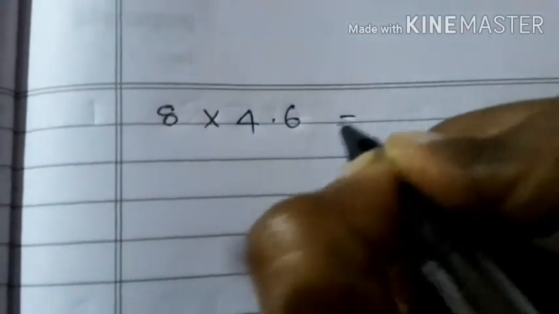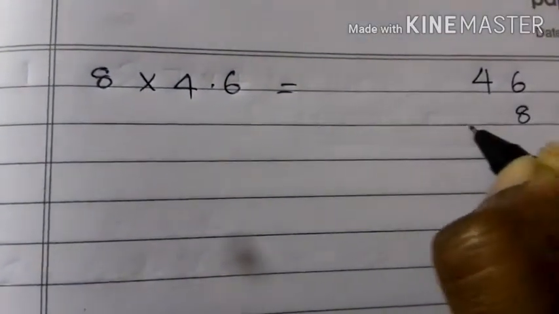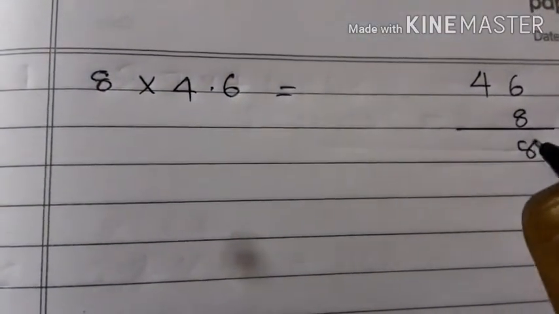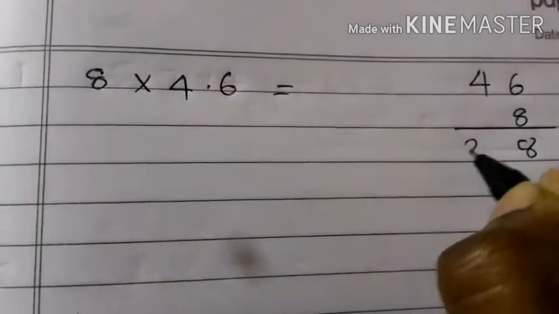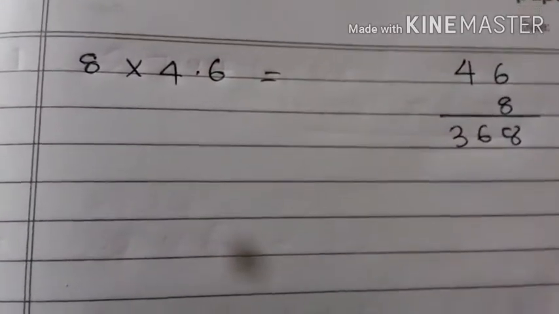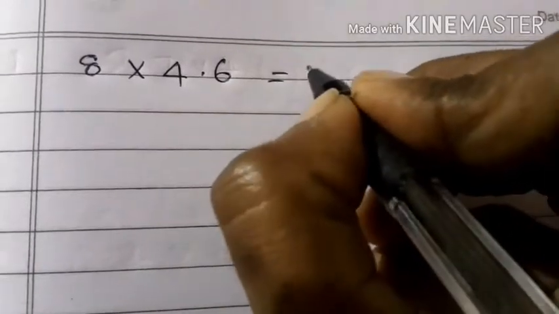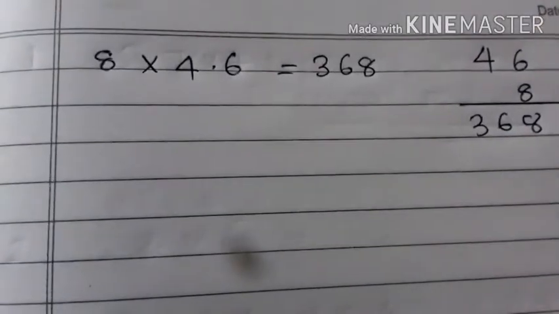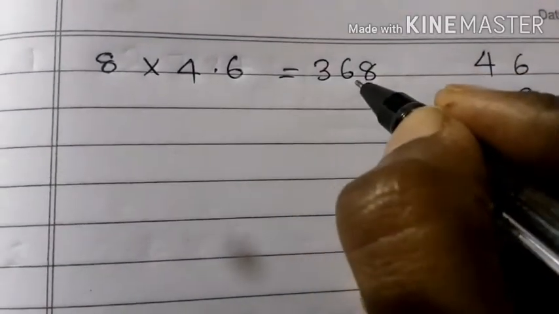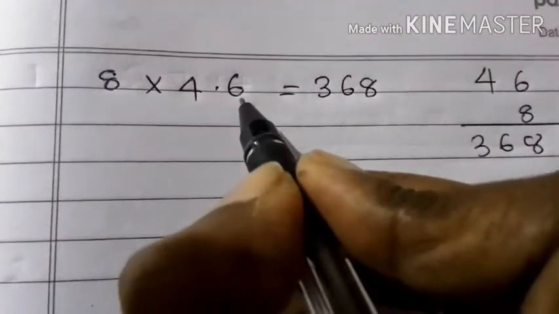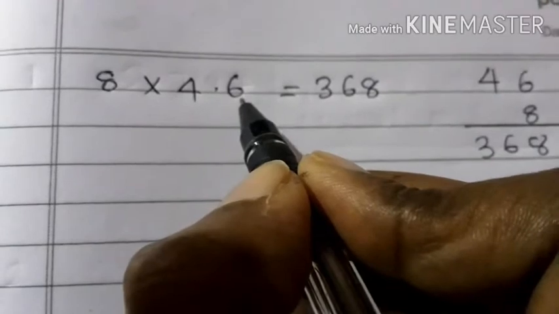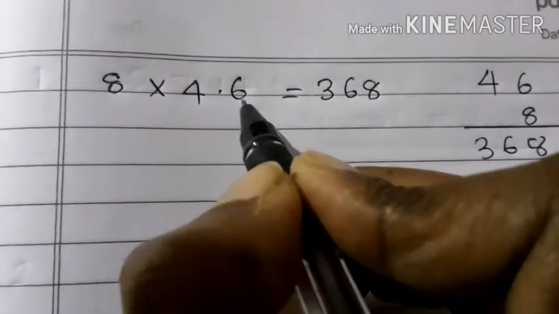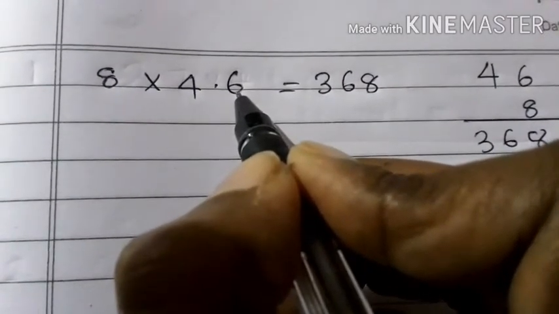Next one. 8 into 4.6. Multiply the number 46 by 8. We get 368. So we write the product 368. Then put the decimal point in the product. We count the decimal from the right. Here only one digit.